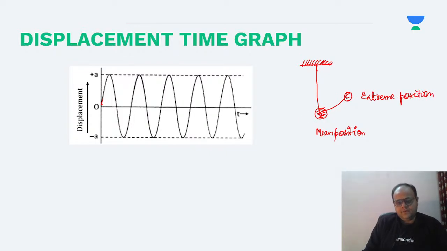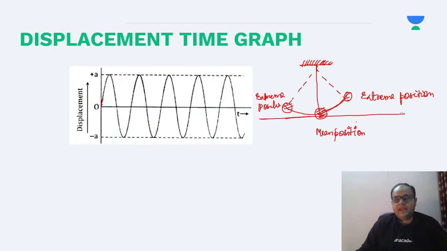And then it will come back and it will move this way again to its extreme position. This is how a simple pendulum will move. This again is your extreme position, right? This is your mean position, and this is the displacement.